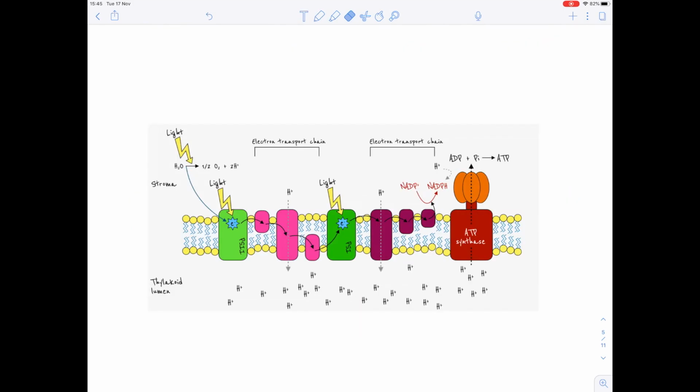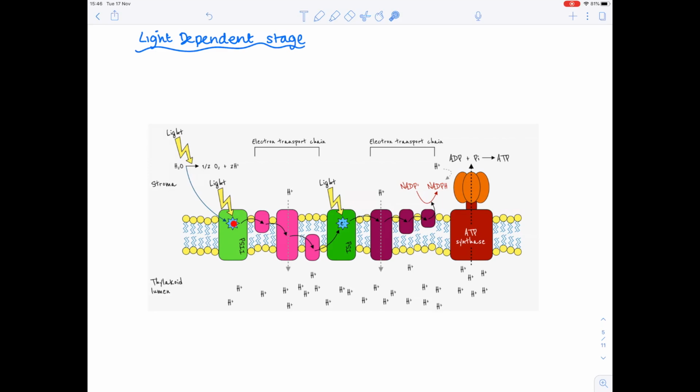So if we have a look at what's taking place in this diagram, remember that we're still looking at the light-dependent stage of photosynthesis. Here we can see that light has caused the photolysis of water, releasing oxygen and hydrogen ions, as well as electrons.